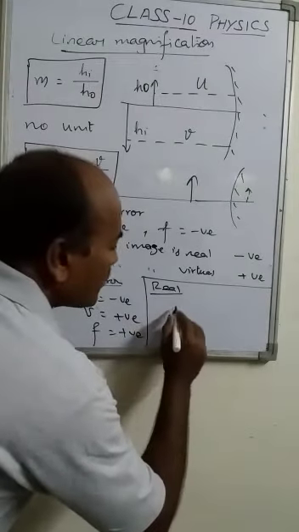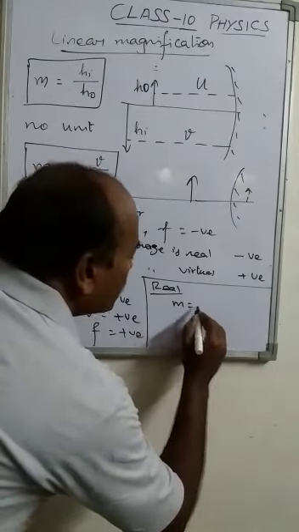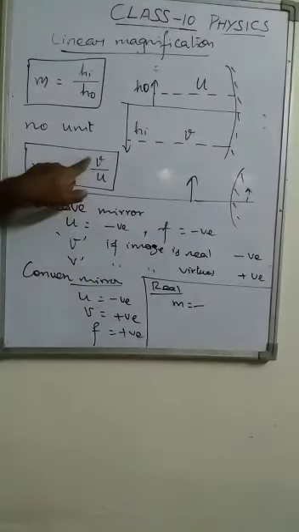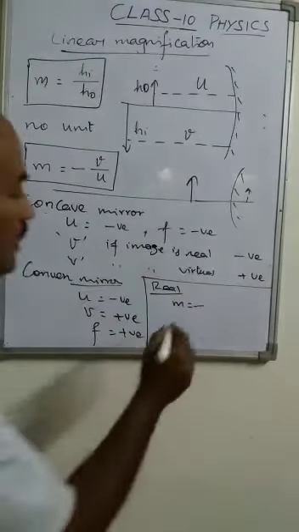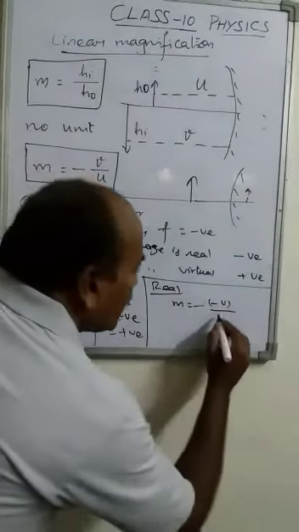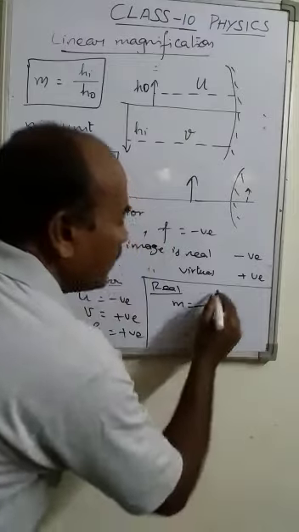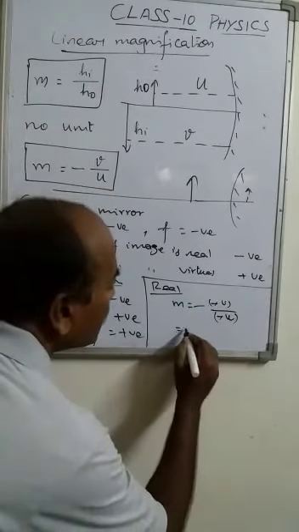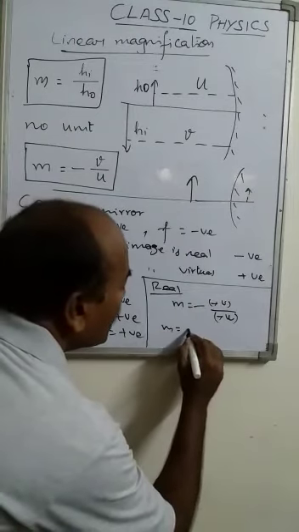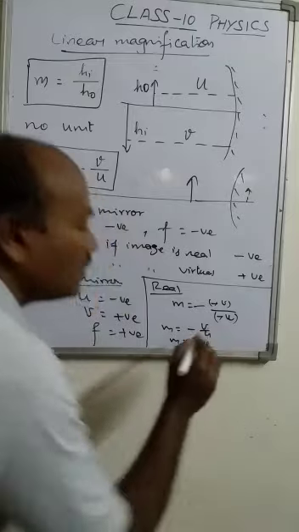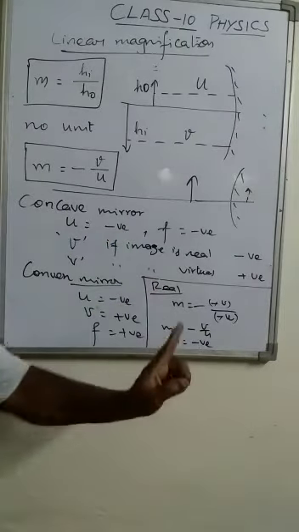For a real image, m equals minus v over u, with v negative and u always negative. If we simplify, the minus signs cancel, so we get m equals minus v upon u. So m is negative. For a real image, magnification is negative.